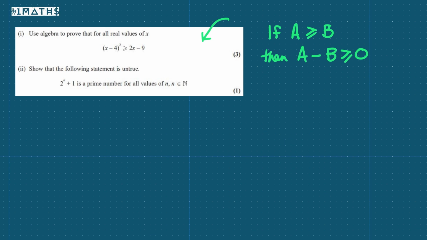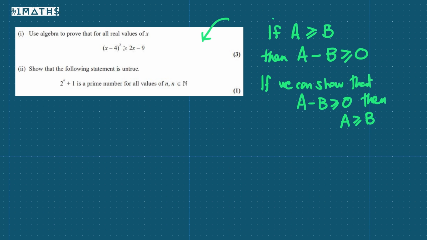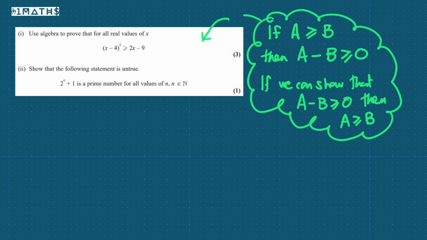So if we can show that A minus B is greater or equal to 0, then A must be greater or equal to B. So that's the strategy I'm going to use in these sorts of questions.